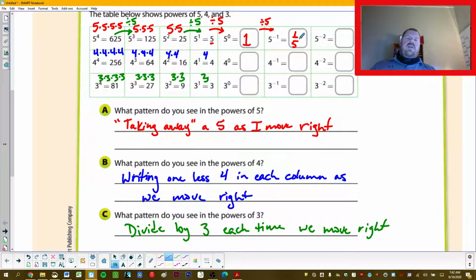And then if I divide by 5 again, that one's kind of weird, but I would really have 1/5 divided by 5. And if we think of our keep, switch, flip, where we keep the first fraction, change it to multiplication, so 1/5 times, and then we flip this second one, we flip 5/1.